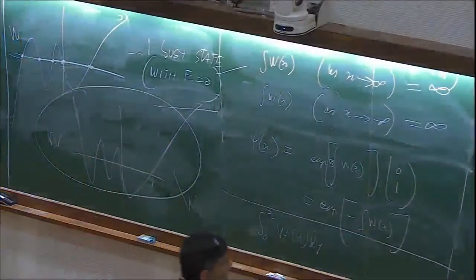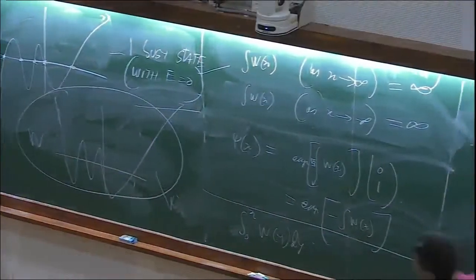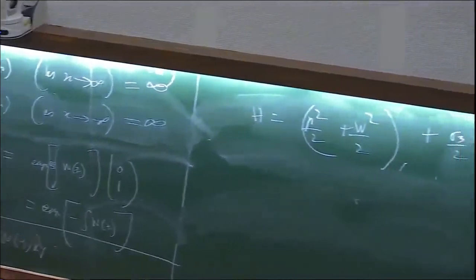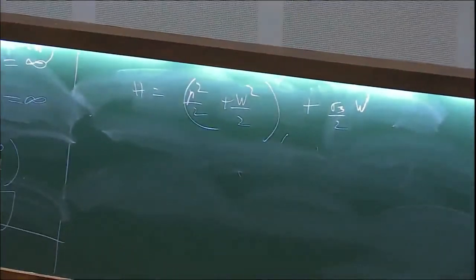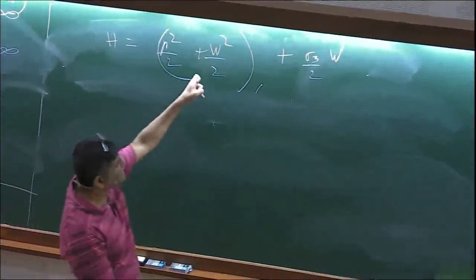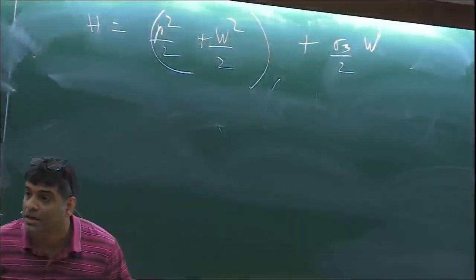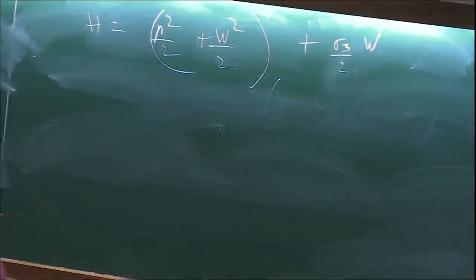Okay, so let's take one of these points. Let's say that this point is x star, and we want to understand this Hamiltonian, the spectrum of our theory, the lowest energy state of the theory, for the states localized near x star. Suppose W never cuts 0.